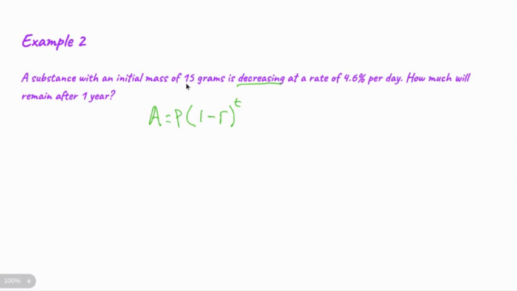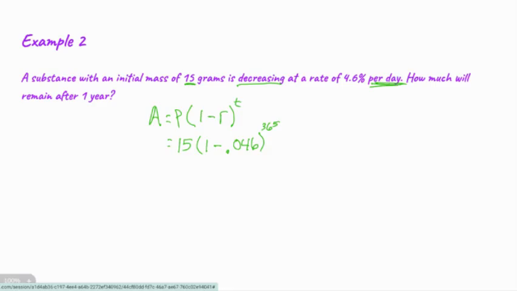So the initial amount is 15 grams, times 1 minus 0.046. The power of 1? Well, no, because this is per day. So we've got to think, how many days in a year? 365. 15 times 1 minus 0.046 to the power of 365.